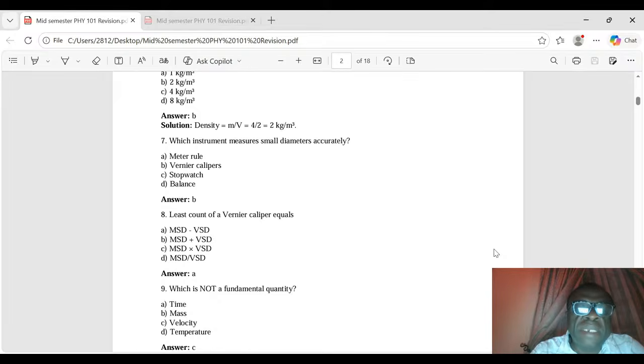What is MSD? Main scale division. What is VSD? Vernier scale division. So for us to get the least count of the vernier caliper, we subtract the vernier scale division from the main scale division. So A is the correct answer. I repeat, MSD means main scale division, and VSD means vernier scale division. So the correct answer here is A.